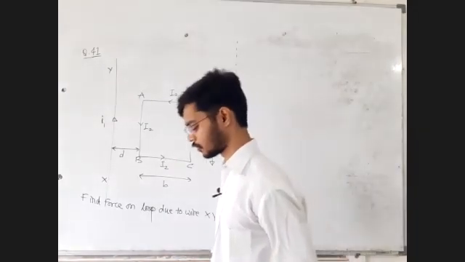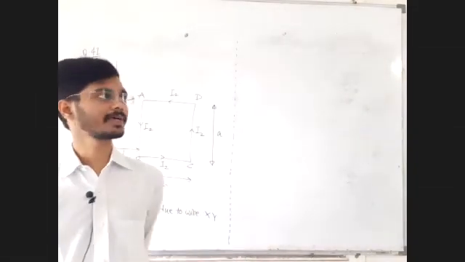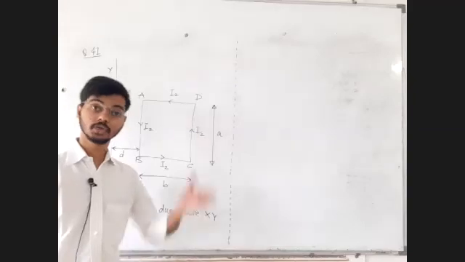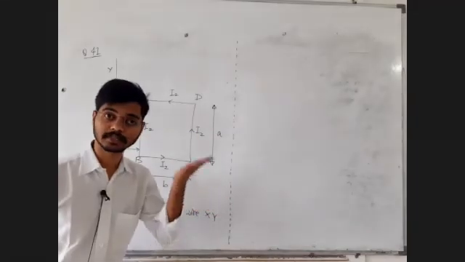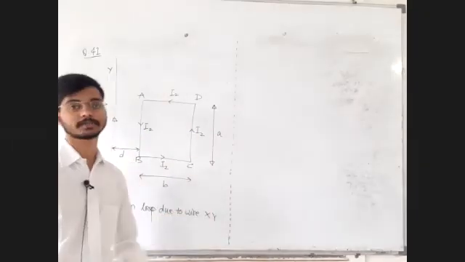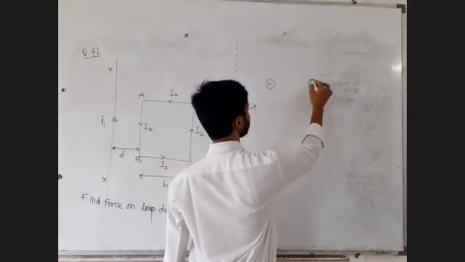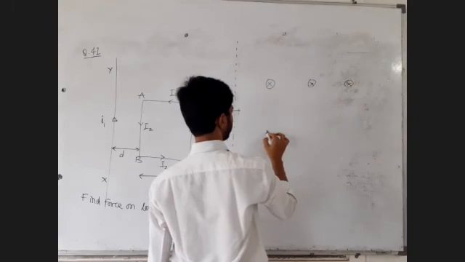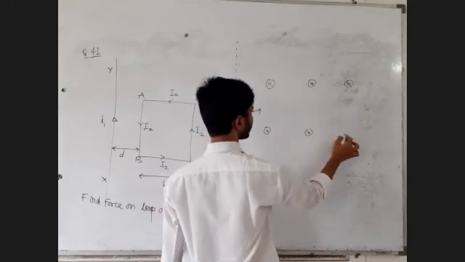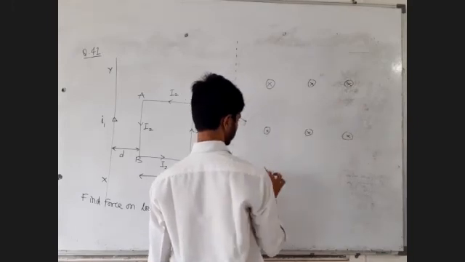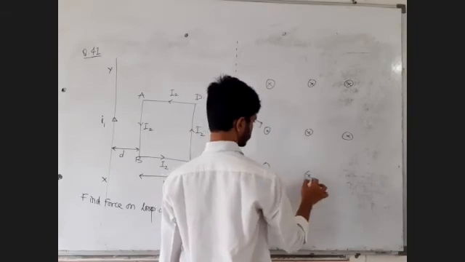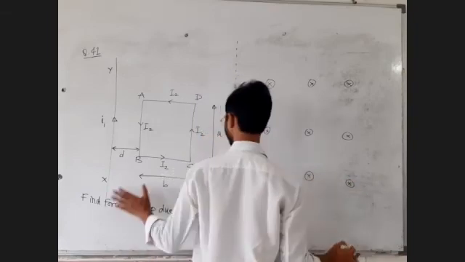The catch is, children, a current carrying loop of any shape placed in a uniform magnetic field, the magnetic field must be the same everywhere. Whatever we did yesterday was applicable for a uniform magnetic field. Students generally forget that and immediately write the answer 0 here.